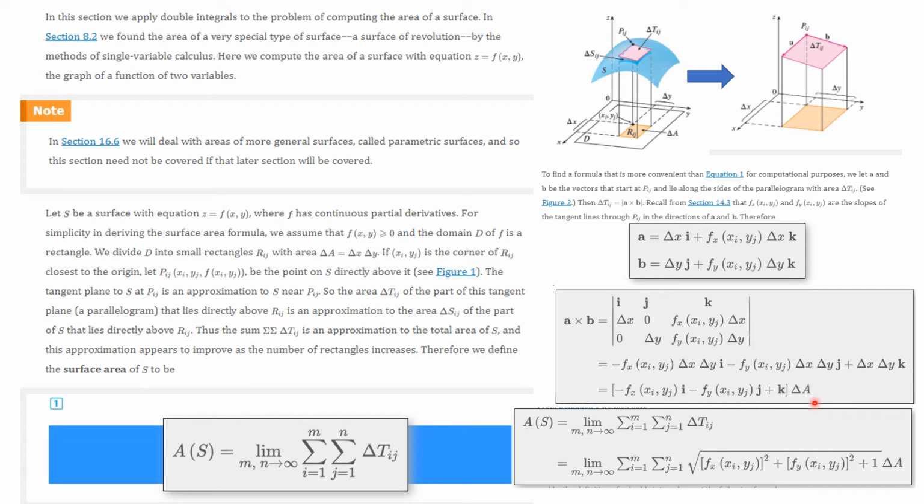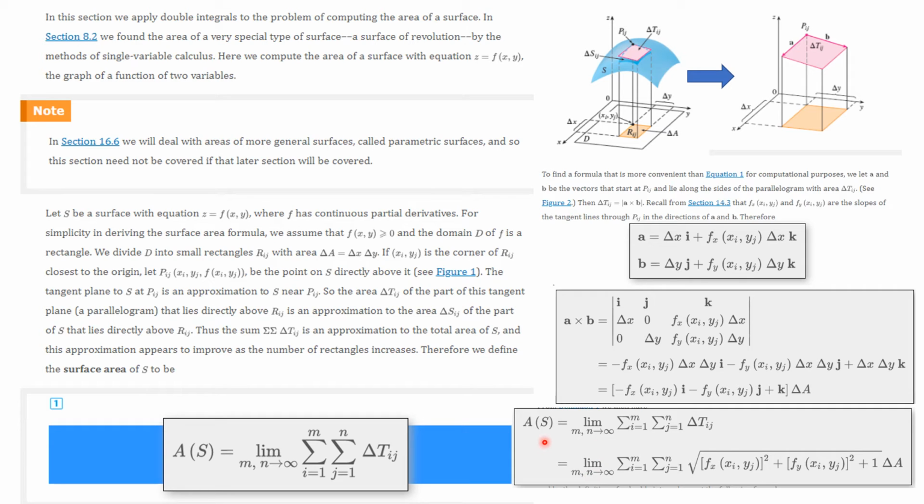And that's 1 times k. So when we take the magnitude of this, delta A is a scalar, but the magnitude of this is going to be the square root of these components squared. So now we have figured out what this is.